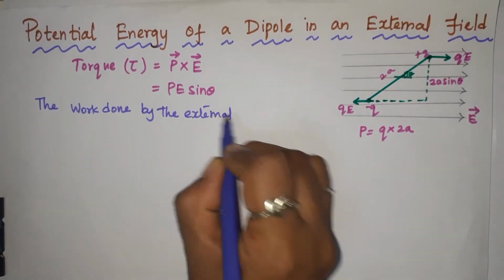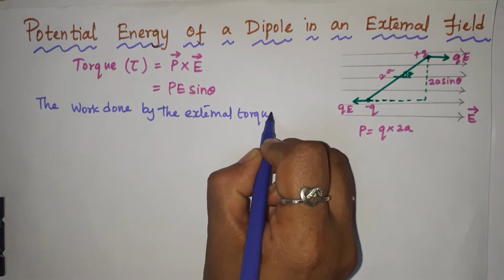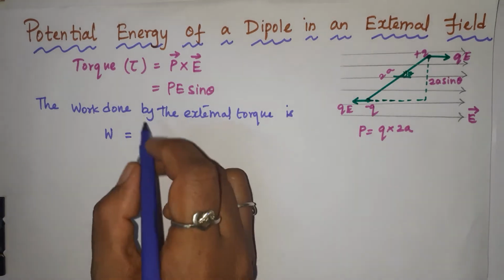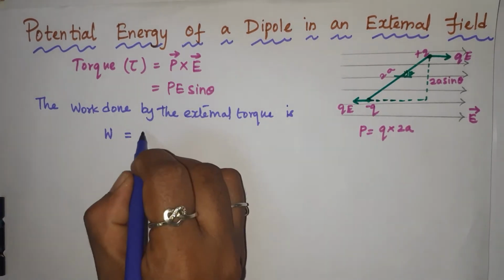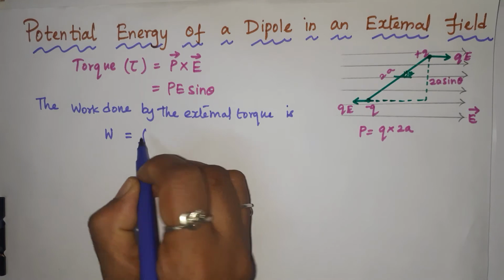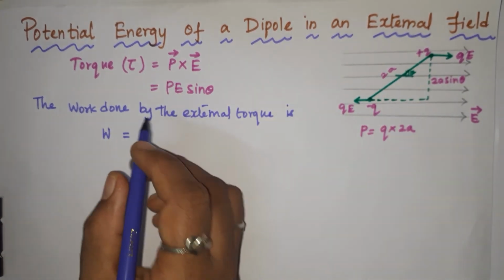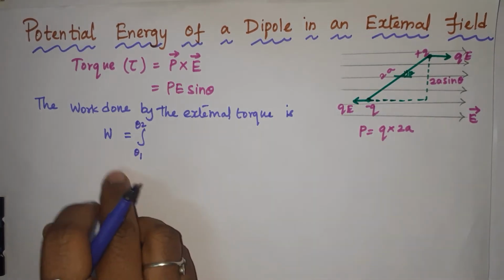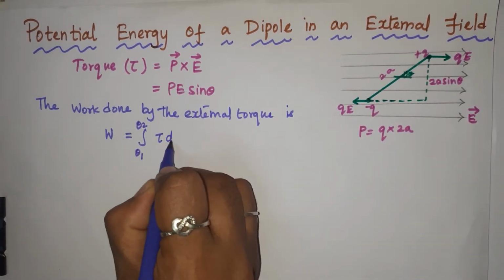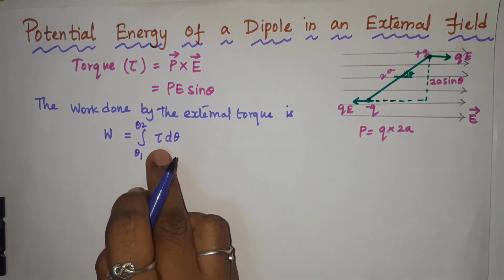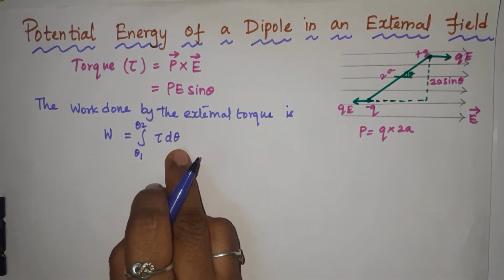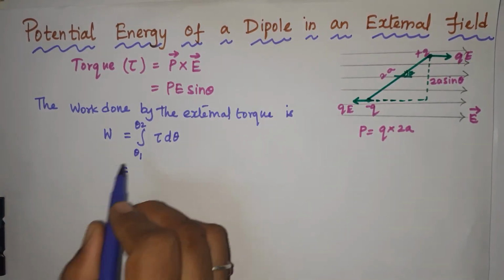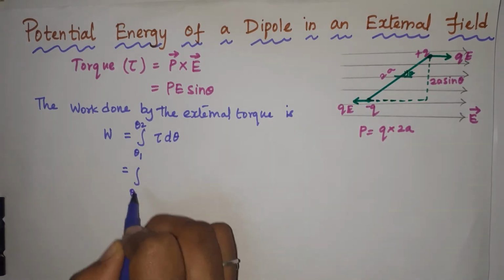W, which is equal to the integration from theta 1 to theta 2 of tau d theta, where tau is the torque.